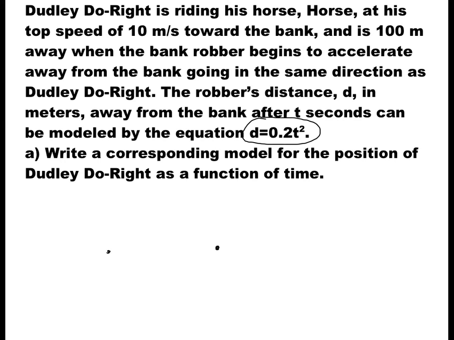Dudley Do-Right is here, which is 100 meters away. So I can write the distance is, first of all, 100 meters away, so it's negative 100, and he's going 10 meters per second toward the bank this way, which is the slope, so I can write plus 10t.